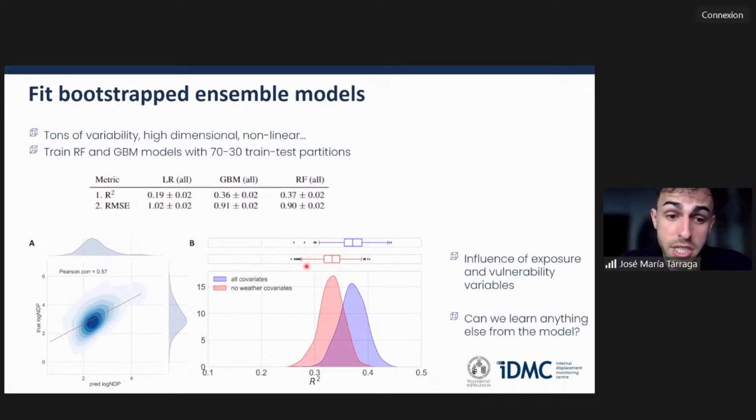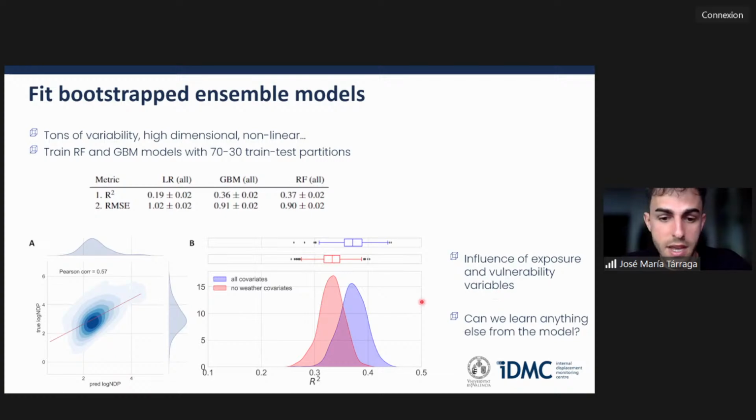Once we have this database ready, what we did was train random forest models and gradient boosting machine models. We decided to go with these because this is a very high-dimensional, nonlinear problem. There is tons of variability. We also fit linear regression models, and you can see that the performance is way worse. Once we have these models fit, we looked at how weather variables explain these displacement data.